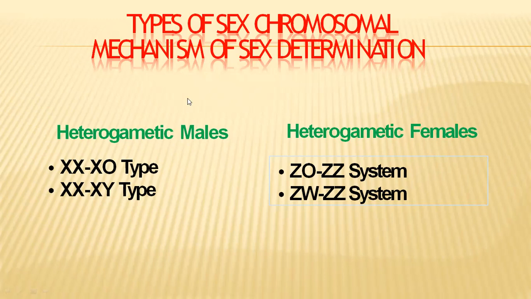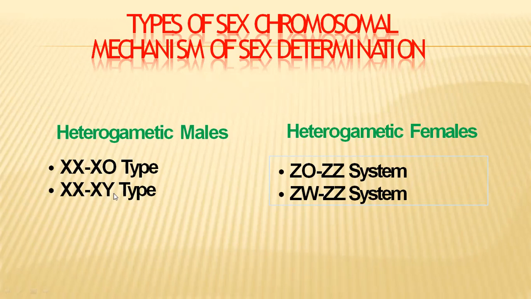In this type, two types of mechanisms are there: heterogametic males and heterogametic females. Under the heterogametic males category, we find XX-XO type and XX-XY type sex determination. In these two types, males produce two types of gametes. In the first type, half of the sperms have the X chromosome, and the remaining half have no sex chromosome at all.